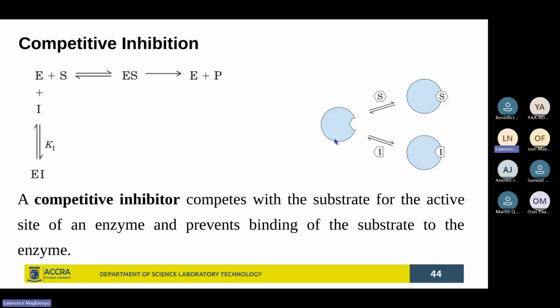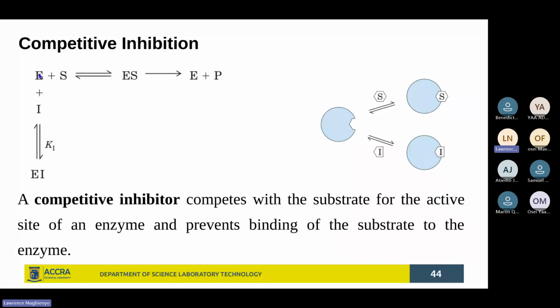What is depicted in the diagram is also shown in the form of simple chemical equations, where E is the enzyme and S is the substrate. E interacts with the substrate, binding to give you ES, the enzyme substrate complex, which goes to the transition state and forms the product P, which dissociates away from the enzyme.